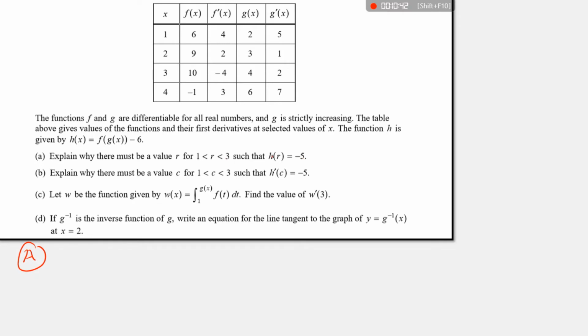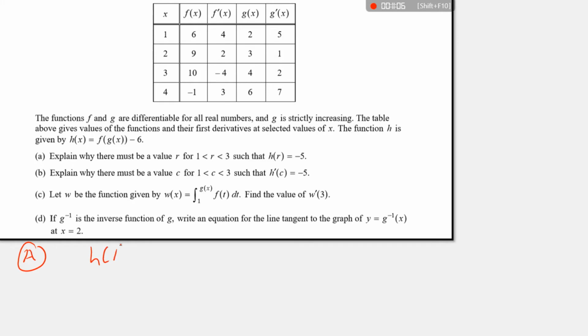So I'm going to get h at 1 and h at 3 and just see if we have to pass through negative 5. Since we know that h of x should be continuous because f and g are both differentiable, so the composite should also be differentiable.